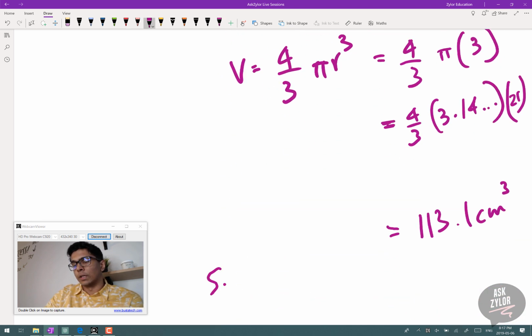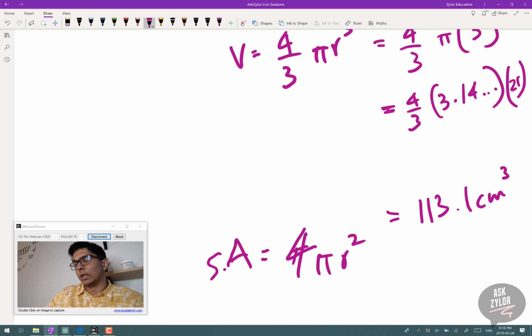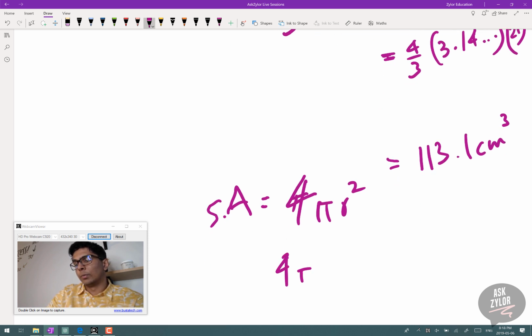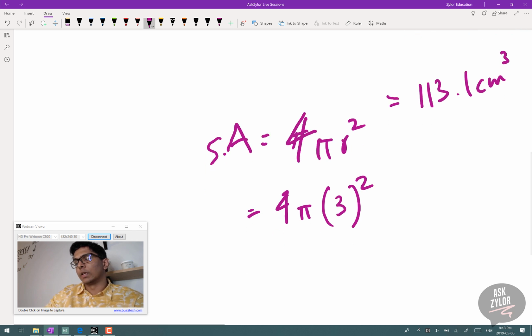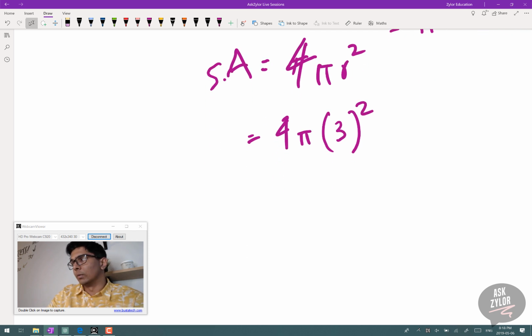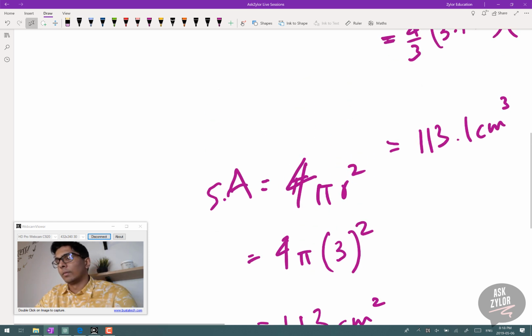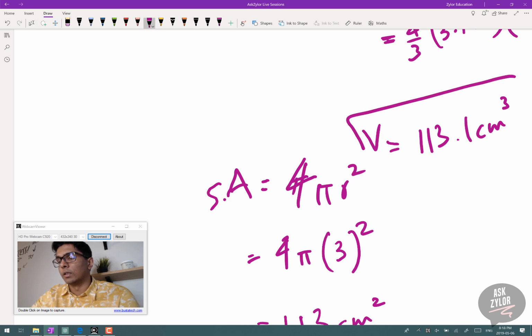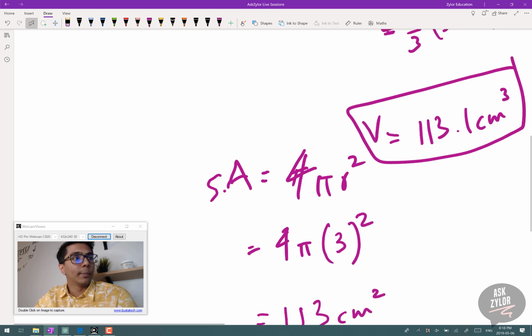Then for my surface area, it's 4 pi r squared. So then again, I'm going to use 4 times pi times my radius as 3 centimeters, which is 4 times pi times 3 squared, which ends up being 9. So this evaluates to be 113 centimeters squared. So the volume and the surface area end up being the exact same.